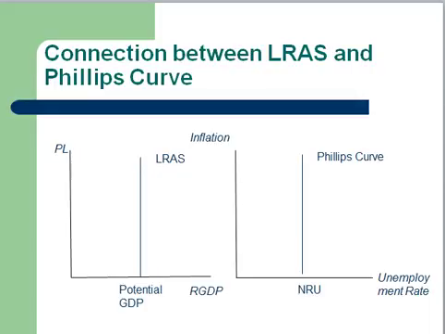The first thing we want to notice is the correlation between the aggregate demand curve and the Phillips curve. First of all, on our aggregate demand curve, which is the curve on the left, we measure price levels on the vertical axis and real gross domestic product on the horizontal.